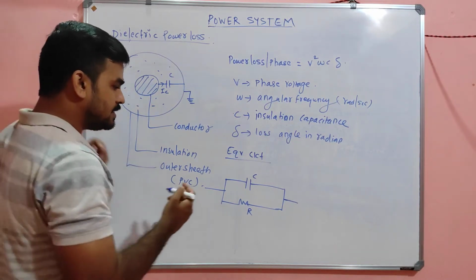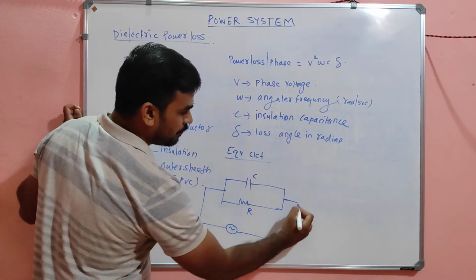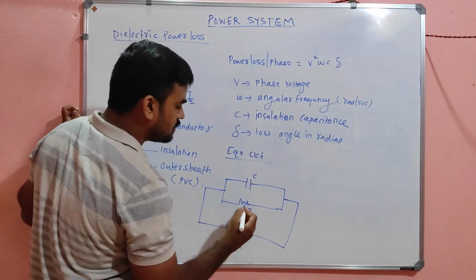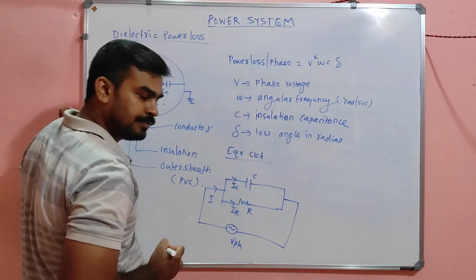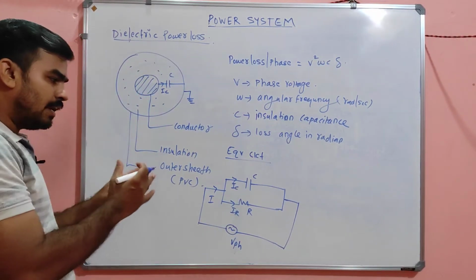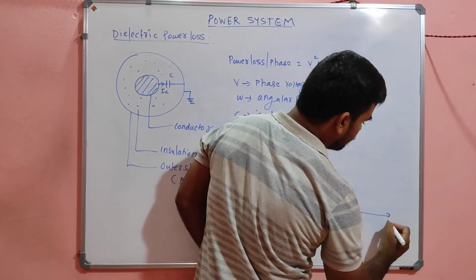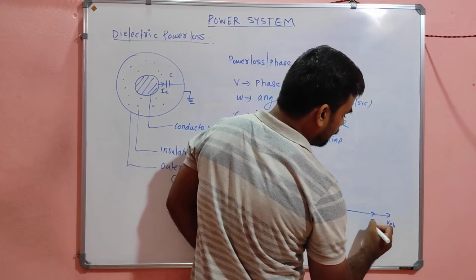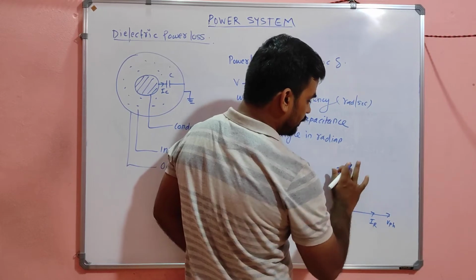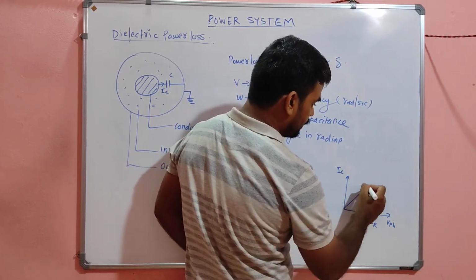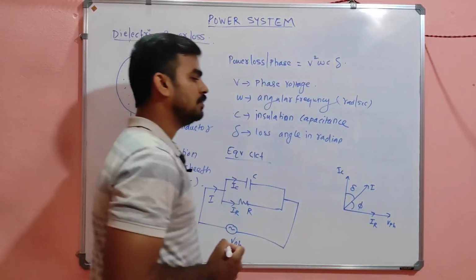Now this is V phase, this is the total current I, this is IC, and this is IR. The equivalent phasor diagram I can also explain like this: this is V phase, this is IR, this is IC, this is I, and this is phi, and this is the loss angle.